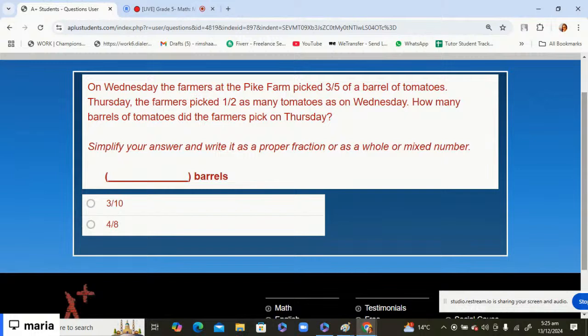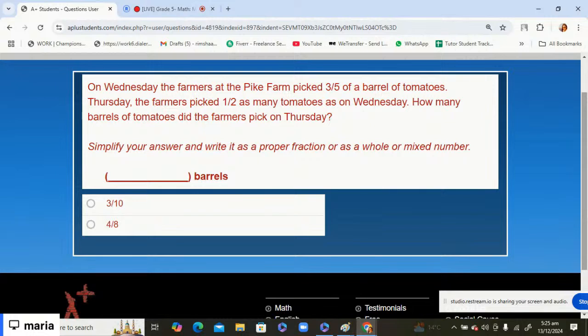On Wednesday, the farmer at the Pike farm picked 3/5 of a barrel of tomatoes. Thursday, the farmer picked 1/2 as many tomatoes as on Wednesday. How many barrels of tomatoes did the farmer pick on Thursday? So, what's the answer for that? Multiply and then just tell me the answer.